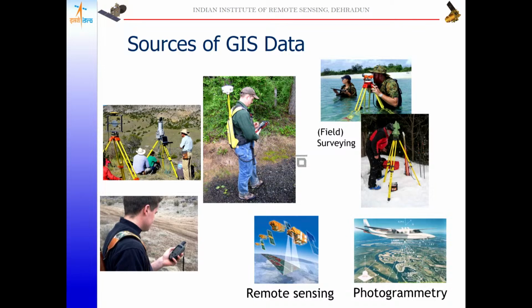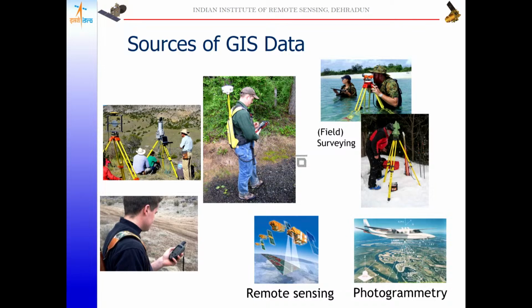What kind of data do we represent in GIS? In GIS basically we represent geographic phenomena. And when we have to represent geographic phenomena in GIS, or when we have to create any data, a few things come to mind. What kind of data will be created?